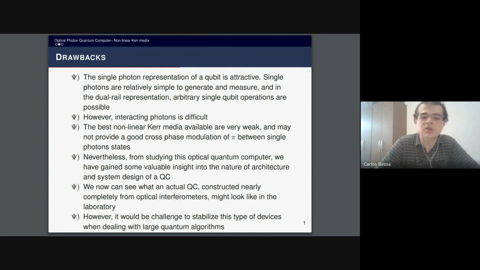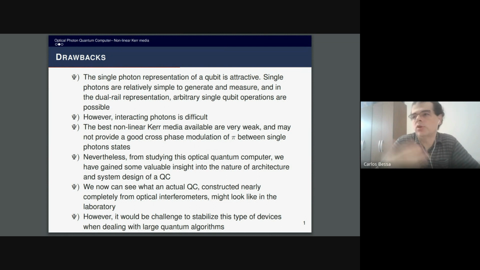So in general, this is very weak. So to make these photons interact, in general, even with a good material, we will have something like 50 tries and we will have one that could work, something like that.